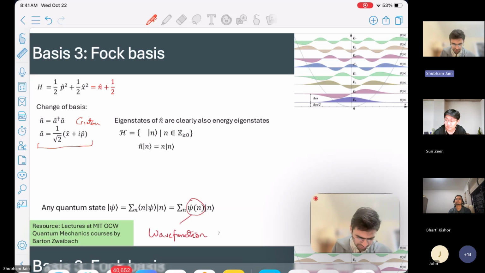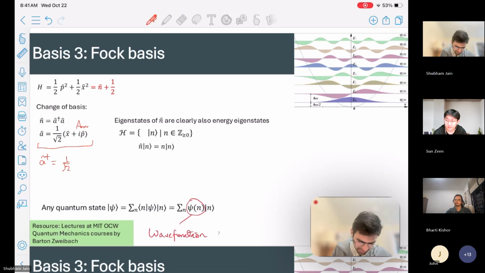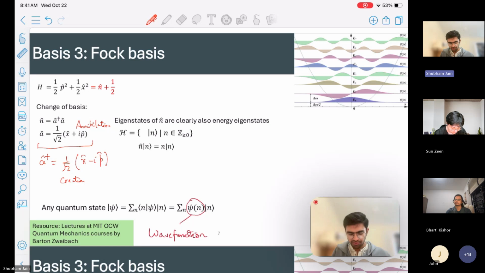This is a creation operator, which is just a combination of the position and the momentum. And then you have its dagger, which is the annihilation operator, and we'll see why it's called that. So this is just a change of basis from the position and momentum operators.